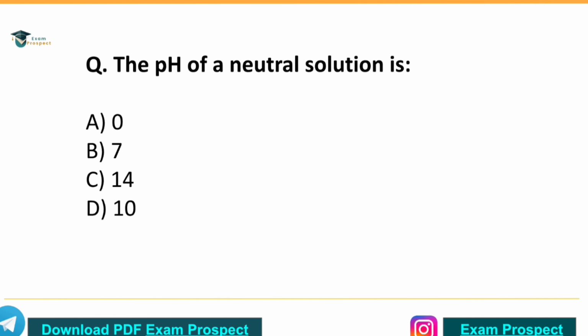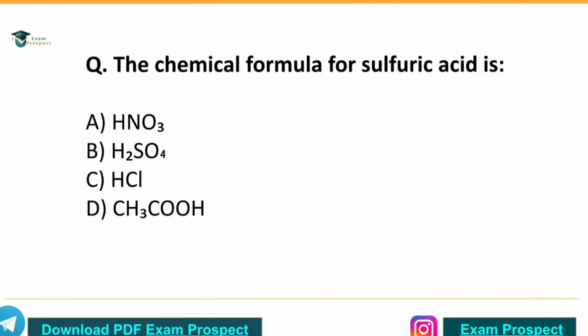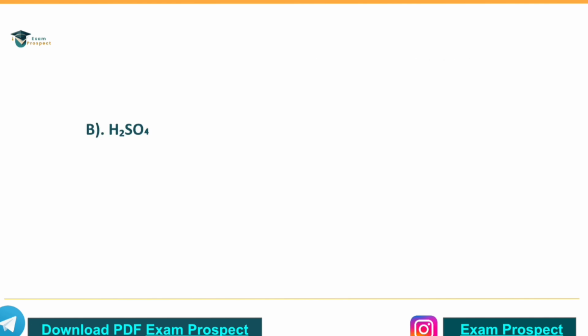Next question, the pH of a neutral solution is? The correct answer is option B, 7. Next question, the chemical formula for sulfuric acid is? The correct answer is option B, H2SO4.